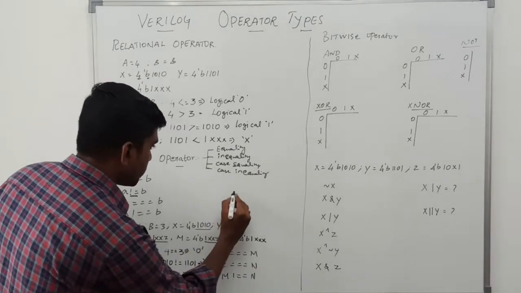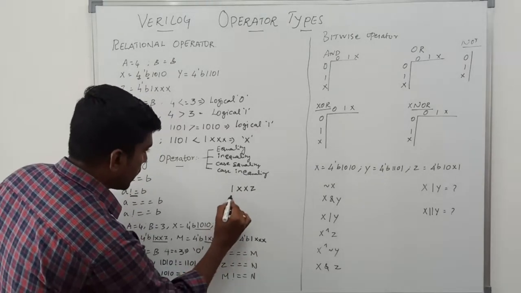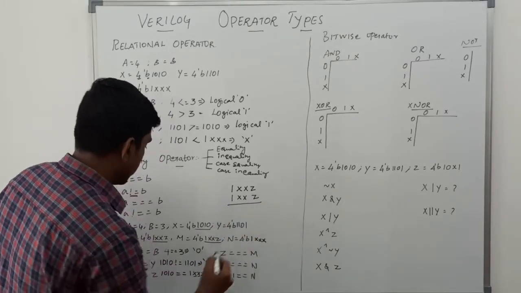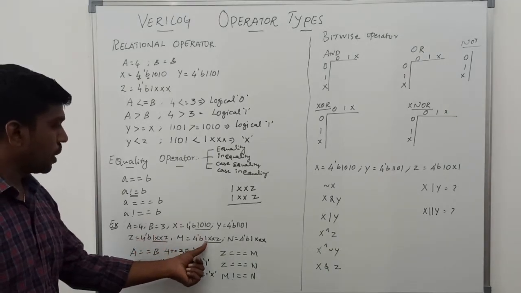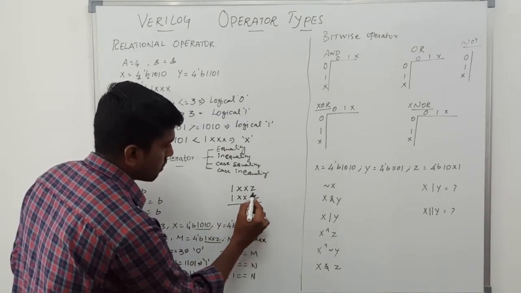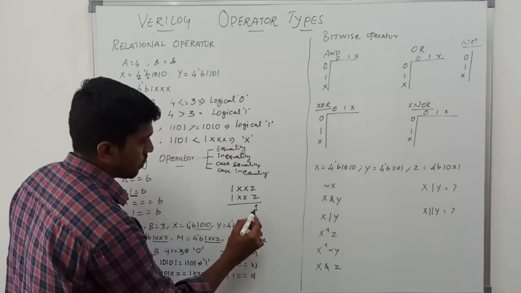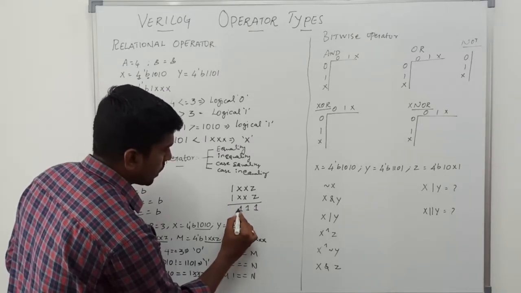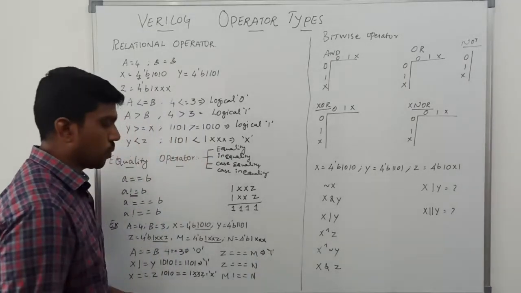Z value is 1 X Z and M value is 1 X Z. You compare them bitwise, Z and Z, don't care and don't care, and both values are equal. So it produces logical 1 output.